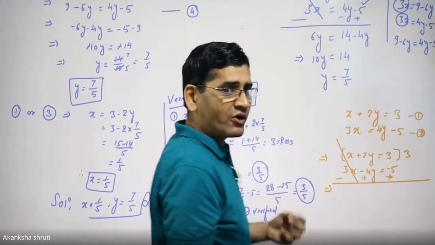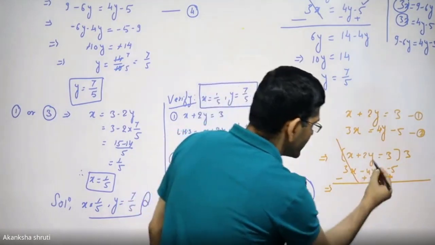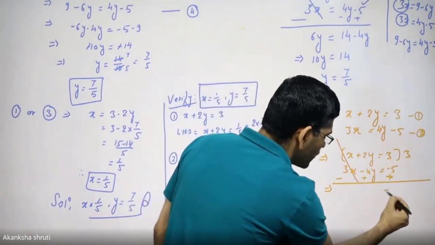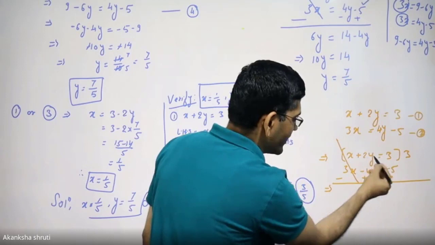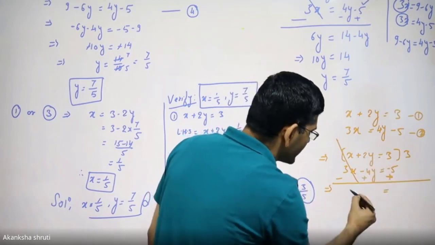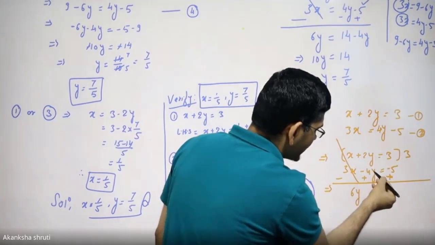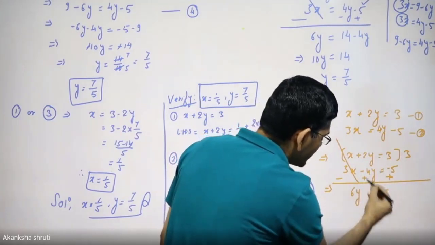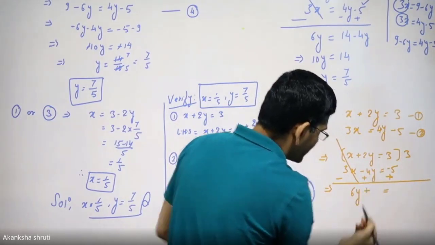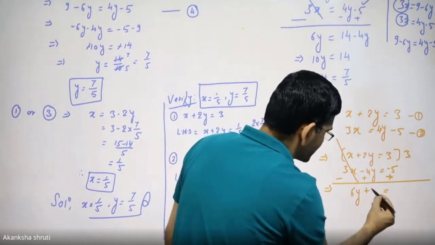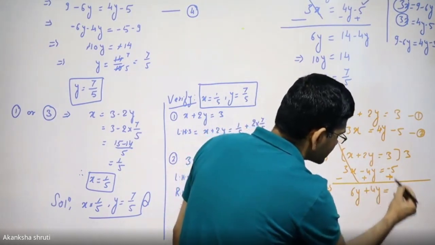If you have doubt, you may write it here. So on the left hand side, wherever the equal sign is, it must be aligned. On the left hand side, from the first equation, you have 2 3s are 6y. And from the second equation, you have to add, because the sign is already changed because of the subtraction, 4y.